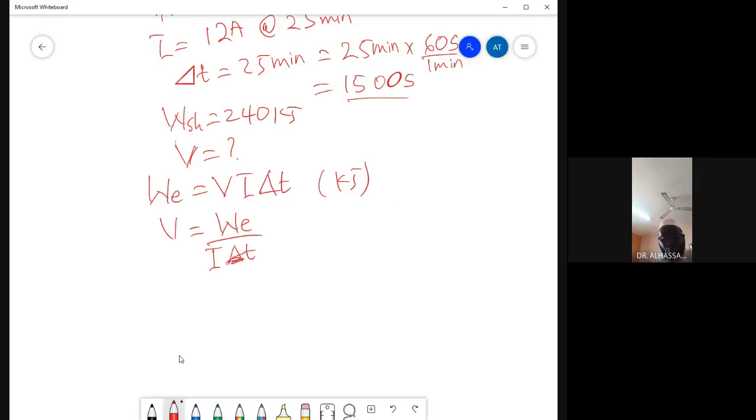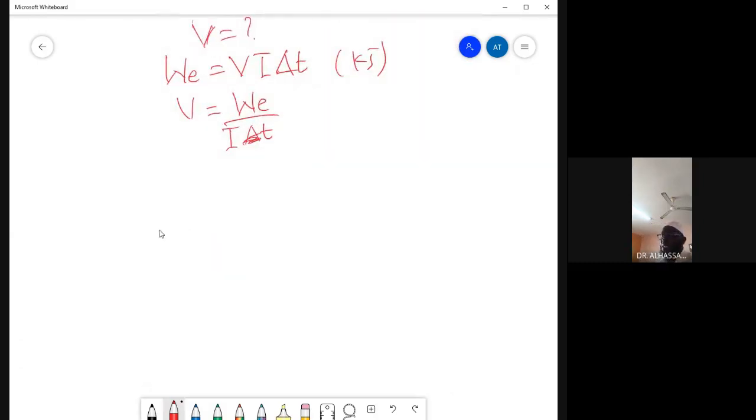So how do we determine the WE? Here it means we need to apply the first law of thermodynamics. Let us sketch the whole thing again. The whole thing is like this. At state 1, we have shaft work. Let's say this is the shaft work at state 1.